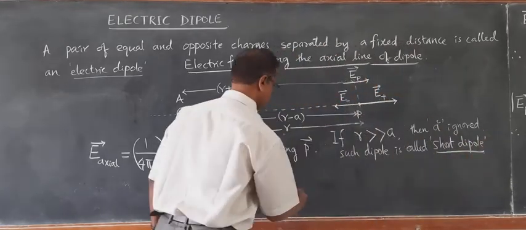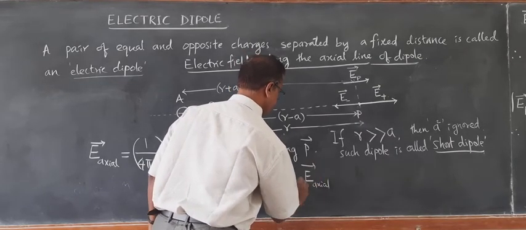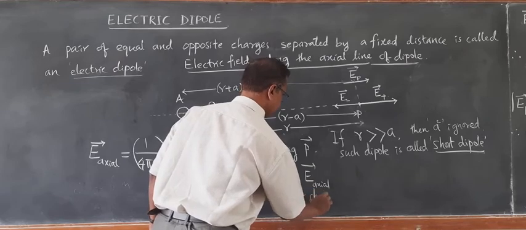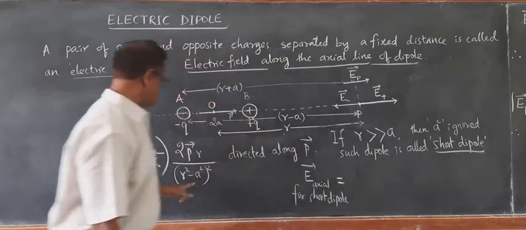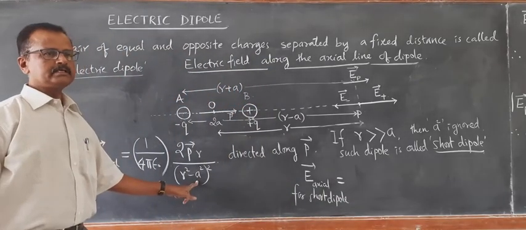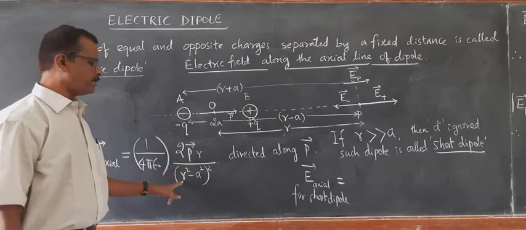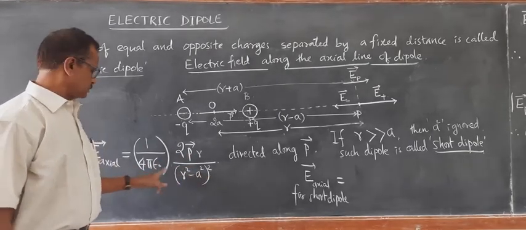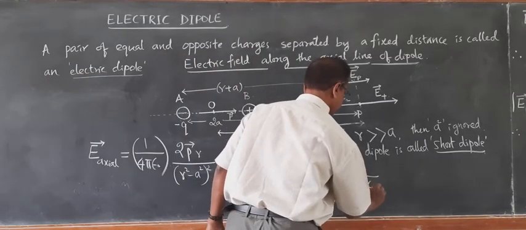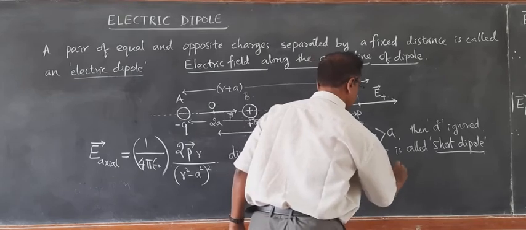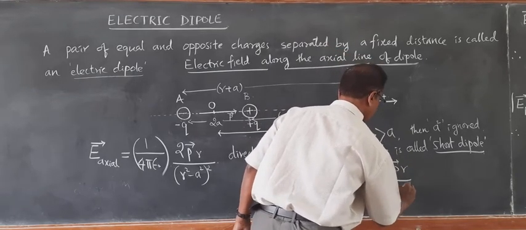So electric field along the axial line for short dipole becomes, look at this, A square is ignored. If A square is ignored, then you are left with 2PR divided by R raised to 4. 1 upon 4 pi epsilon, 2PR upon R raised to 4.